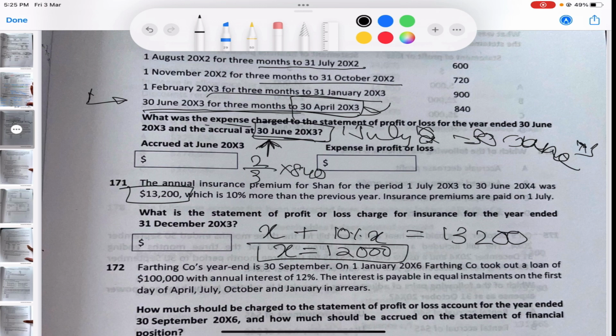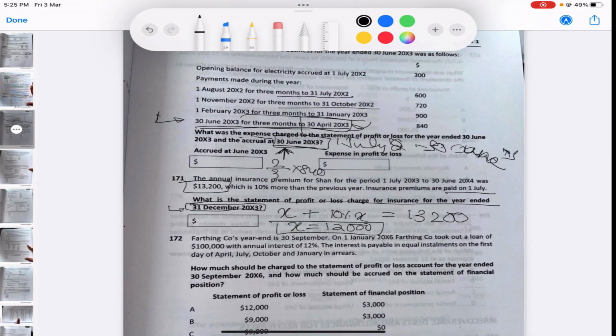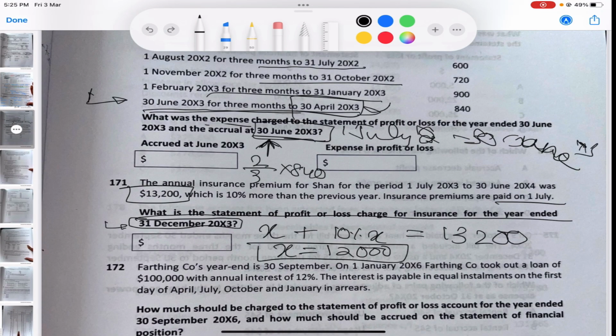Insurance premiums are paid on 1st July, but what is the statement for the year ended 31st December? The year is ending at 31st December 2003. So my year of concern is 1st Jan 2003 to 31st December 2003.